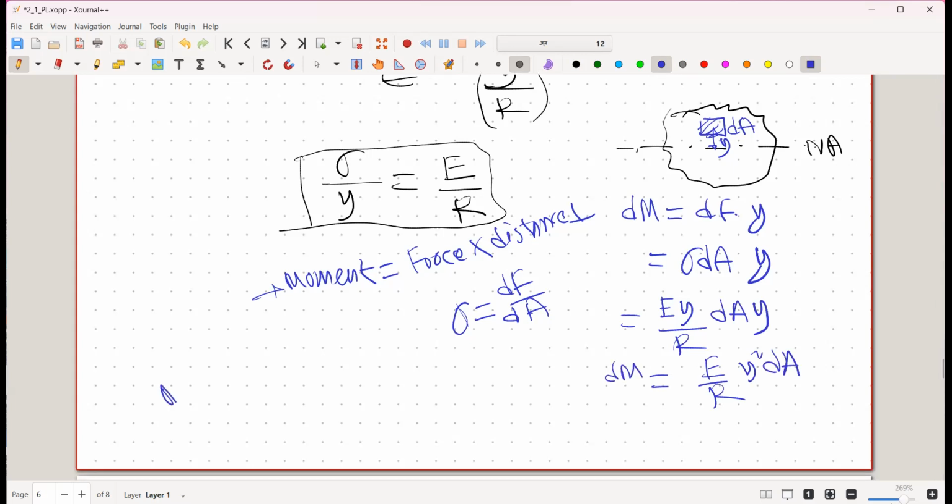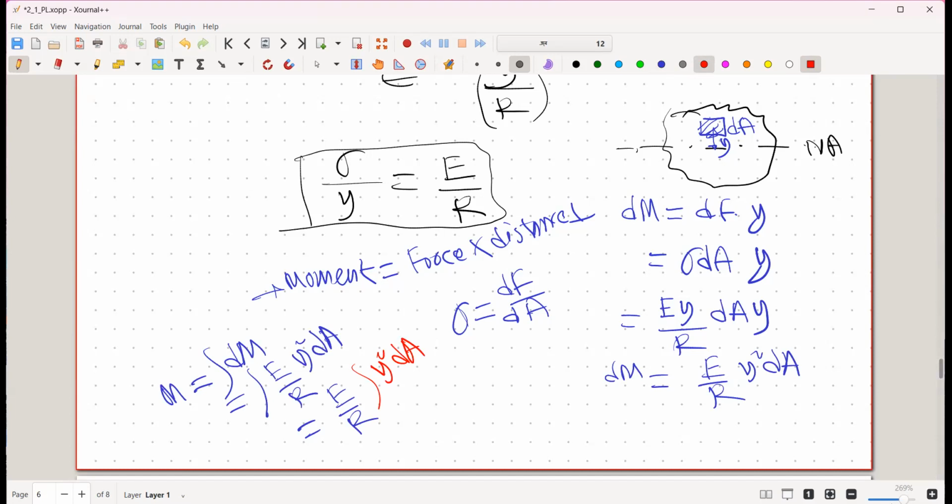If we integrate the small amount of dM, we get the whole moment. E by r is a constant, so we take it outside the integral, and left inside is y squared dA.